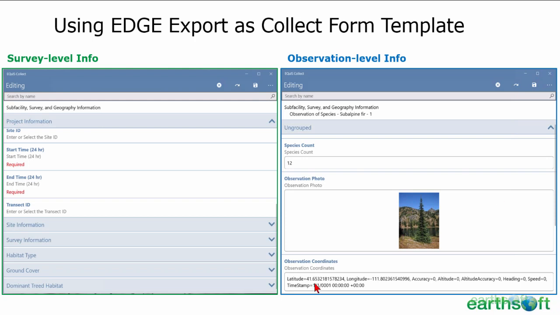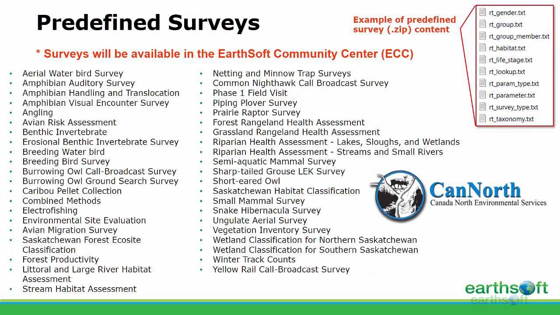So you can see these coordinates here, which can be linked to and are linked to DT geography. So that is something new here, as well as linking files in the Collect forms using EQuIS, which is also a new feature. And that is my demonstration.